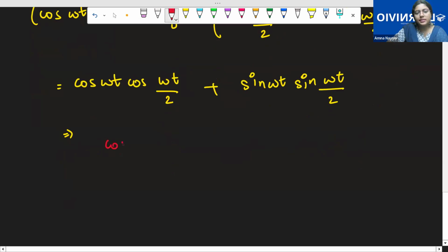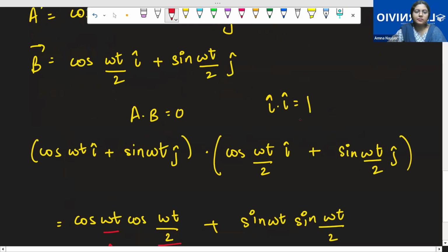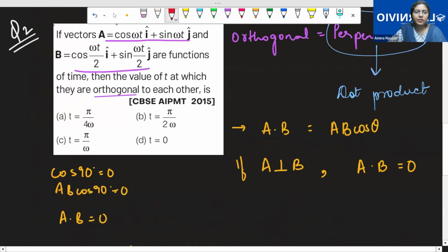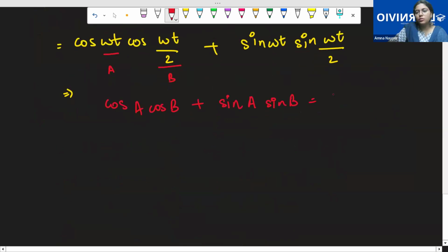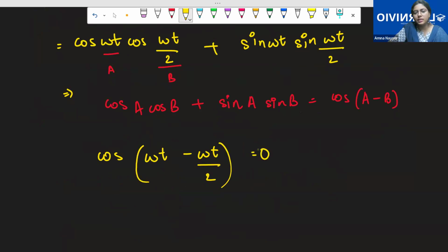If we take this as A and this as B, this can be written as cos A cos B plus sine A sine B, which is equal to cos of A minus B. So this will be cos of omega t minus omega t by 2, equal to 0.